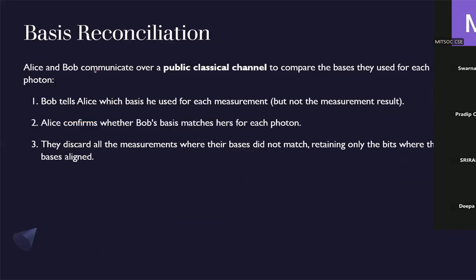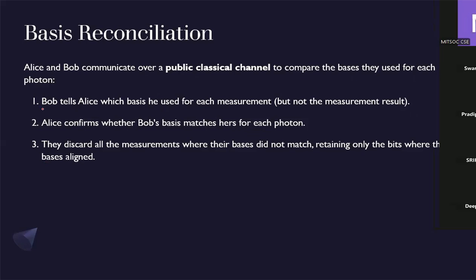Now after measurement, here comes the part of basis reconciliation. Alice and Bob communicate over the public classical channel to compare the basis they used for each photon. First of all, Bob tells Alice which basis he used for each measurement.